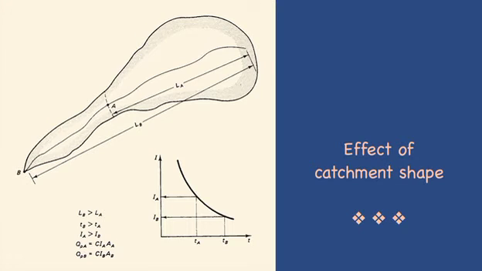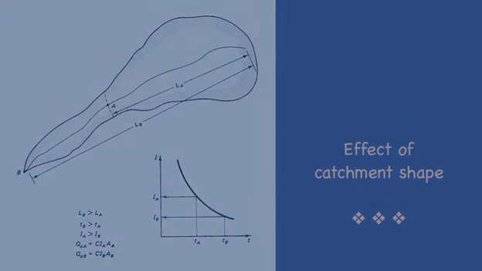For example, assume that the drainage area at A is 0.8 square kilometers and the rainfall intensity, based on the time of concentration, is 50 millimeters per hour. Assume that the drainage area at B is 0.9 square kilometers and the rainfall intensity is 40 millimeters per hour. Further, assume a runoff coefficient C equal 0.5.